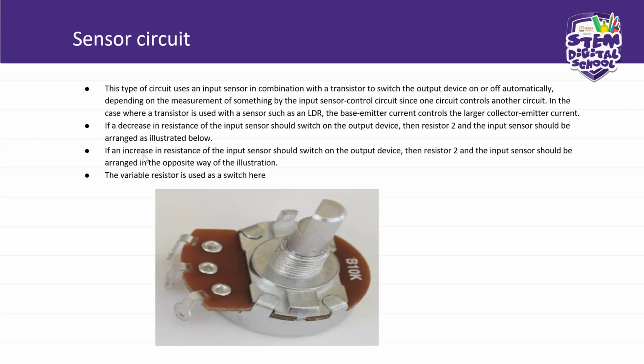If an increase in resistance of the input sensor should switch on the output device, then resistor 2 and the input sensor should be arranged in the opposite way of the illustration. Now, this is controlled by the variable resistor. The variable resistor is used as a switch.